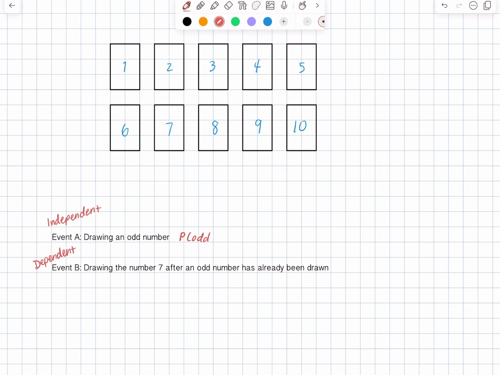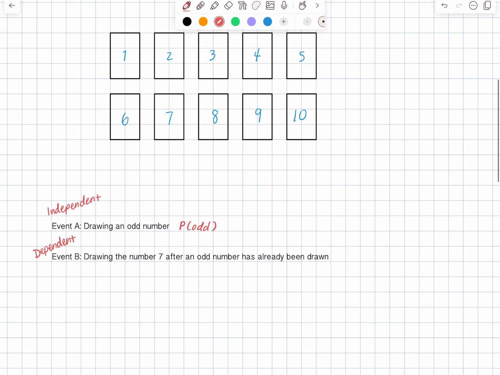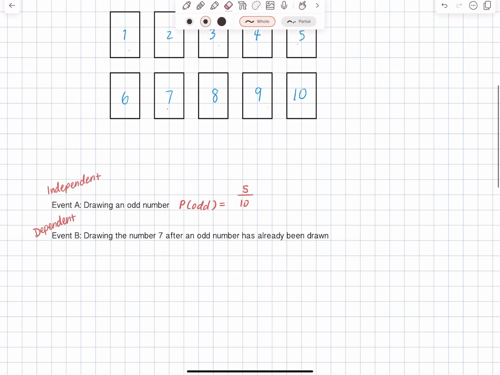So we're going to write P of odd, because that's our probability statement, favorable, equals number favorable. We have 5, right? So 1, 2, 3, 4, 5. So 5 over a total of 10 cards. We can simplify this to 1 over 2, but I'm going to leave it as 5 over 10, and you'll see why.